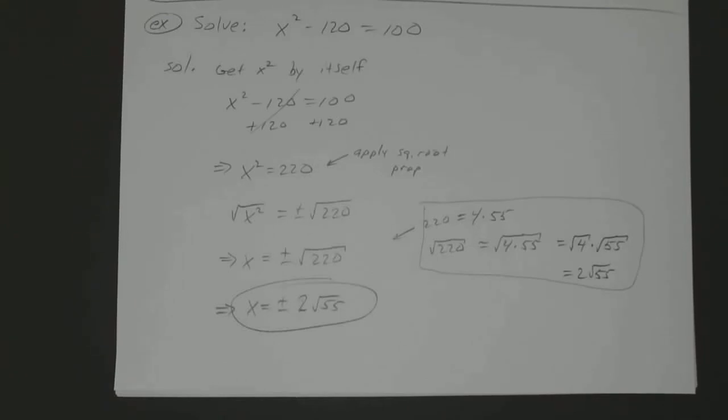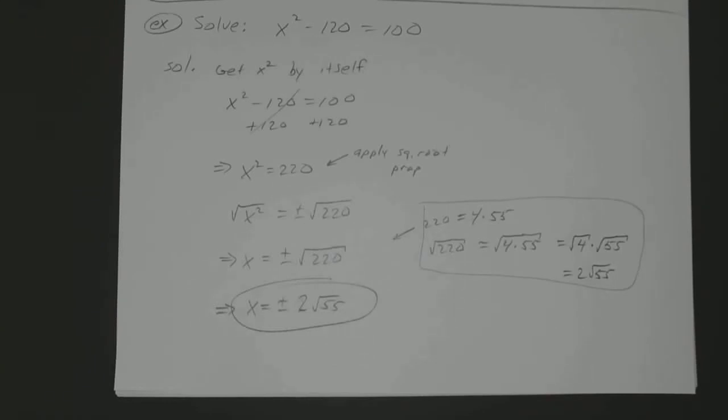All right, any questions on that one? Yes. Like on the test, on the right side where it says 2 square root 55, if we put the plus minus on that part, do we have to make an extra step, or can we just add it to this?